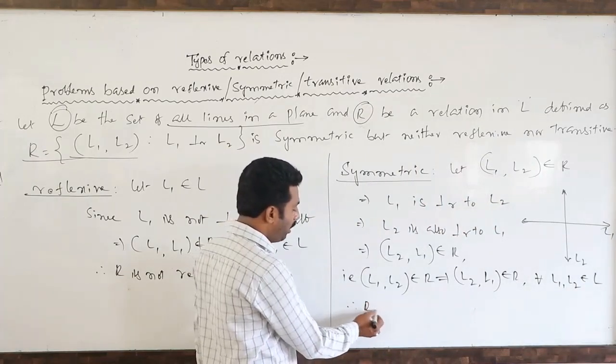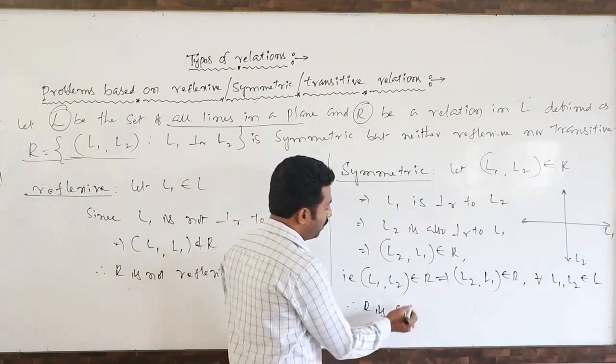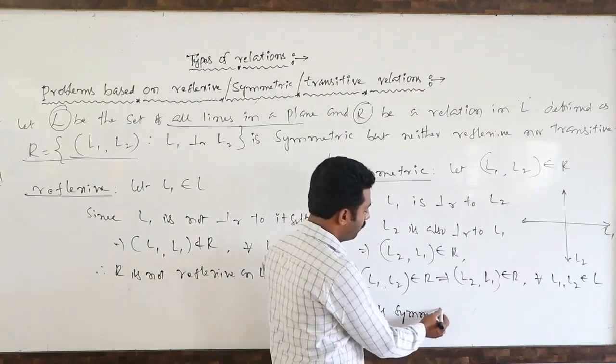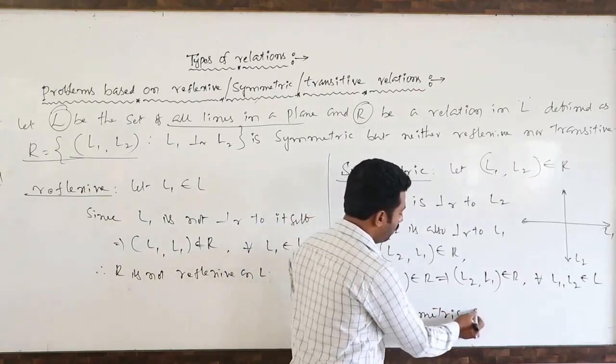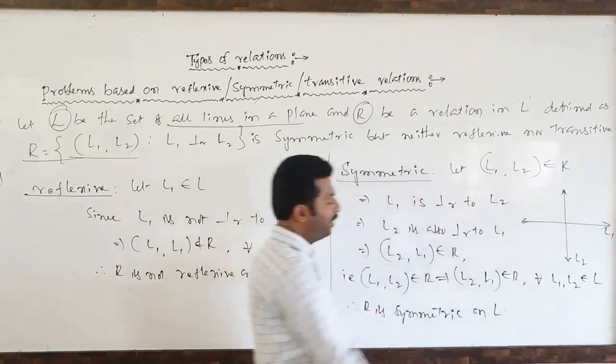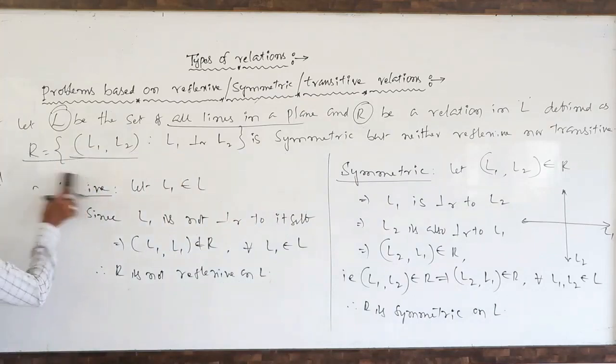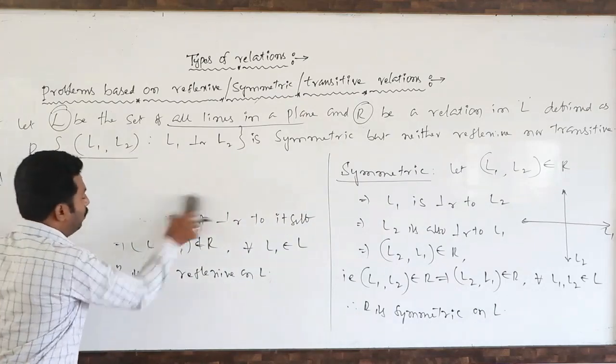Therefore, capital R is a symmetric relation on the non-empty set capital L. Then is capital R transitive or not? We have to check.